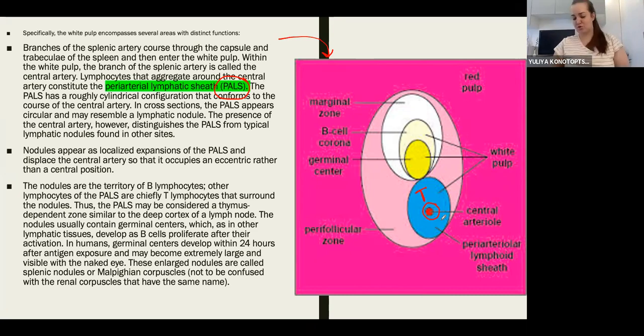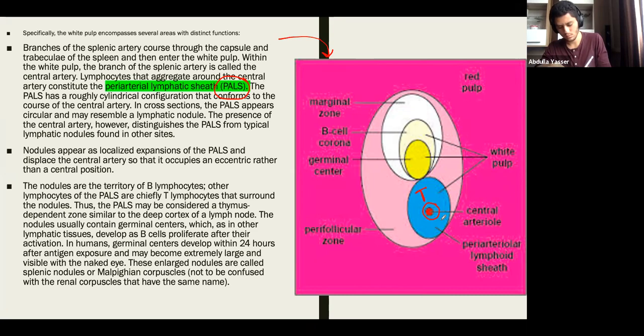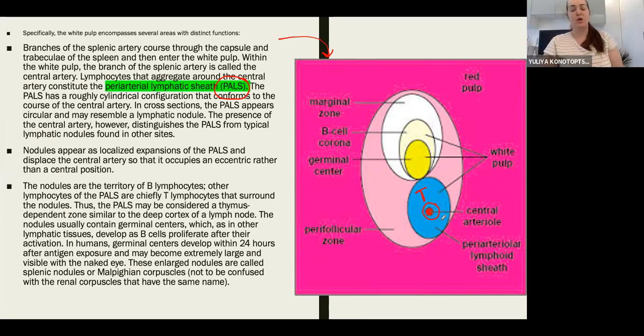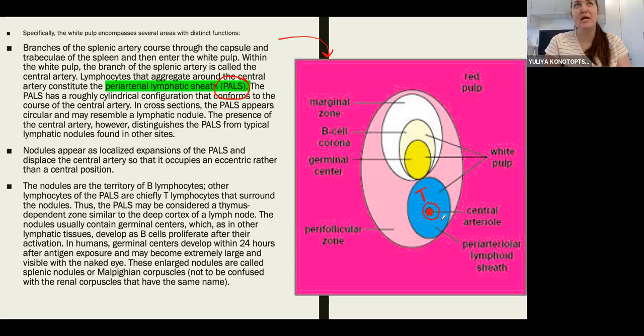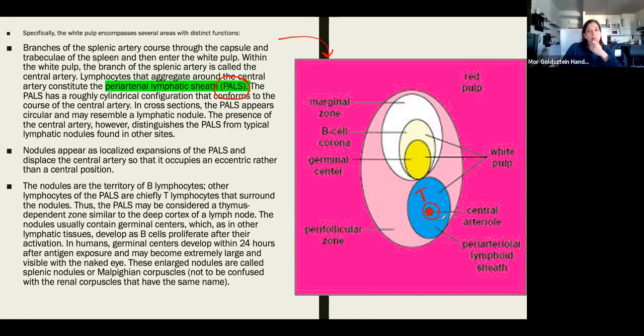Another thing worth mentioning: when you study, make sure that you test yourself and compare. Let's do it now. What is the T lymphocyte dominant area in the lymphatic nodule? The mantle zone. Perfect. T lymphocyte dominant area in the lymph node? Paracortex.